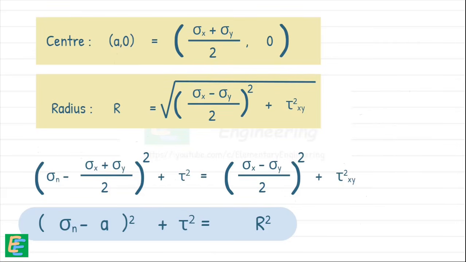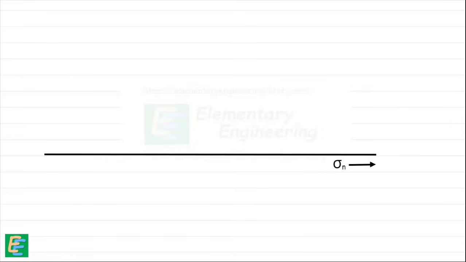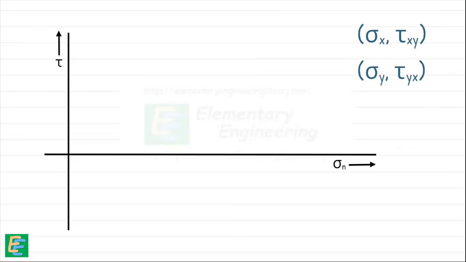To draw the Mohr circle, we plot the normal stress along the x-axis and shear stress along the y-axis. We start with two given stress points. We mark sigma x and sigma y on the normal stress axis, assuming sigma x is greater than sigma y. Note that tau xy and tau yx are equal in magnitude but opposite in direction.